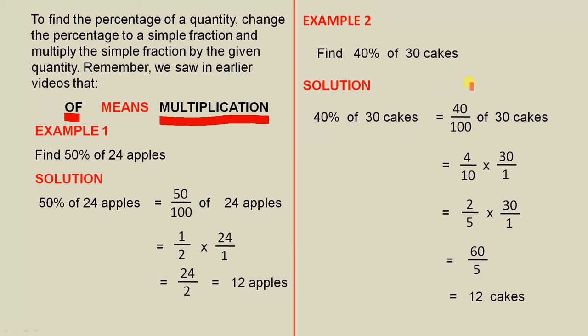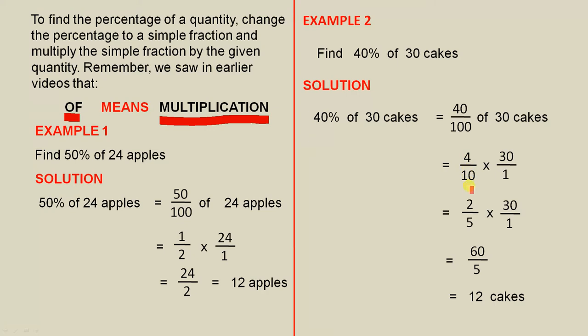Example 2. Find 40% of 30 cakes. Solution. 40% of 30 cakes equals 40 over 100, because that's what 40% means, of 30 cakes. Now 40 over 100, if we divide top and bottom by 10, that gives us 4 over 10. Of means multiplication, and that's 30 over 1.